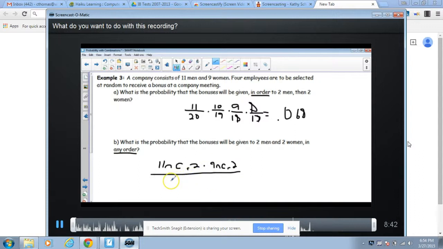Over the total possibilities, we're going to choose 4 out of 20 people. And this turns out to be 55 times 36 over 4,845.